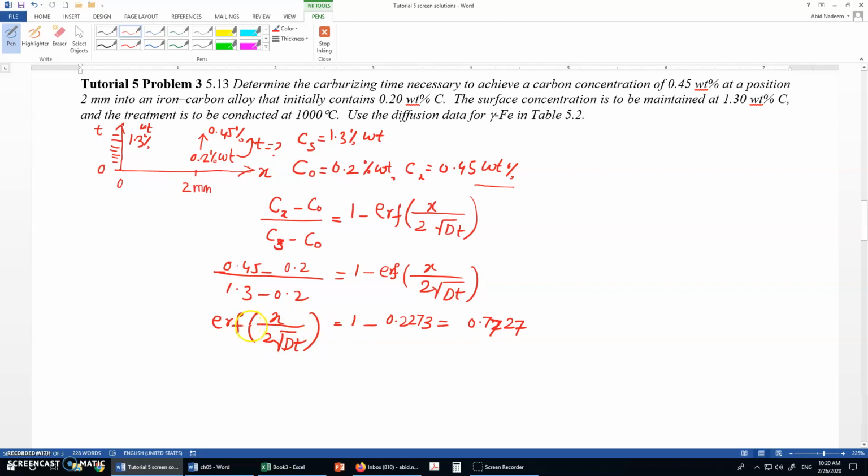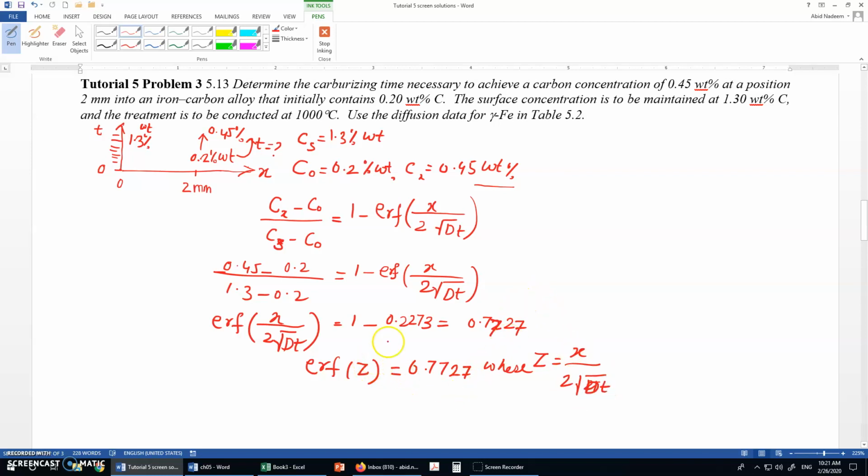So this erf value can be found from the table. The table gives us the values of erf of a function z, so we can equate it to 0.7727, where z will be equal to x over 2 root Dt.